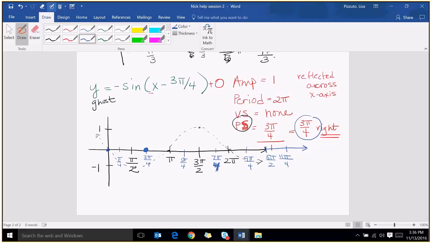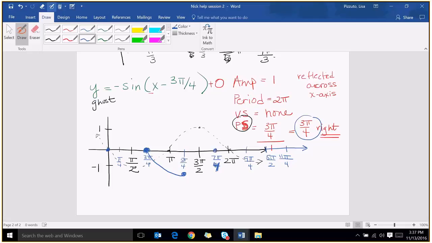Okay, so here's the key. I'm going to pick this graph up, and I'm going to move each point over 3/4. So this intercept at 0, 0 is going to move here to 3 pi over 4. This one's going to move over 3: 1, 2, 3. So now the new minimum's right here, right past pi. Now I'm going to take this intercept: 1, 2, 3.